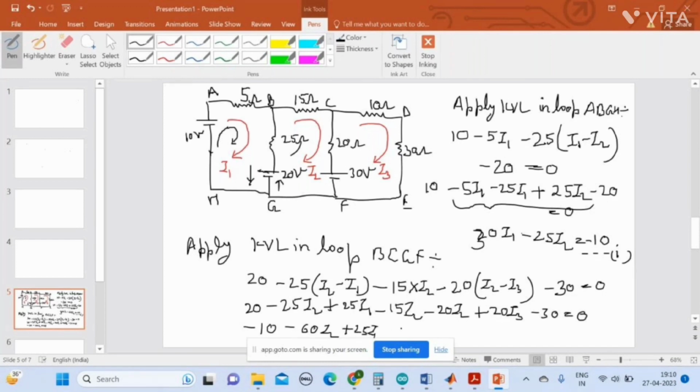So what will be the equation? Take these terms to the right hand side. So we will get the equation like 25I1 minus 60I2. You can also take minus 10 to the right hand side, then the equation will be 25I1 minus 60I2 plus 20I3 equal to 10.